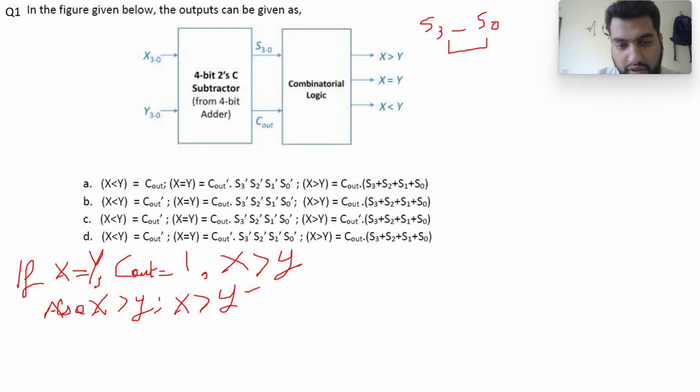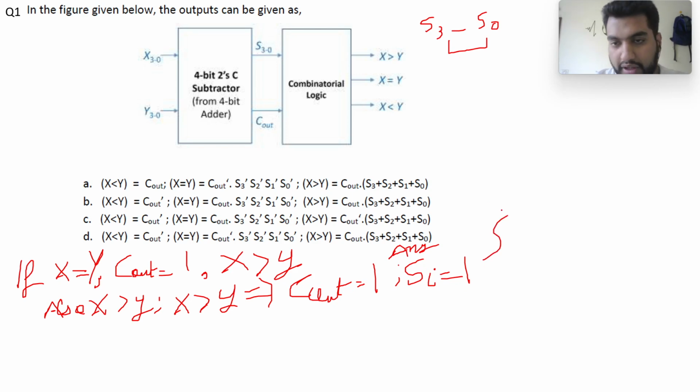So for x greater than y, we have conditions. C out should be equal to 1, that's a necessary condition, and any of the Si should be equal to 1. This whole thing can be written in the form of a combinational logic. So for x greater than y, C out equal to 1 is a necessary condition, so we write C out, and it should be true along with any of the S bits.